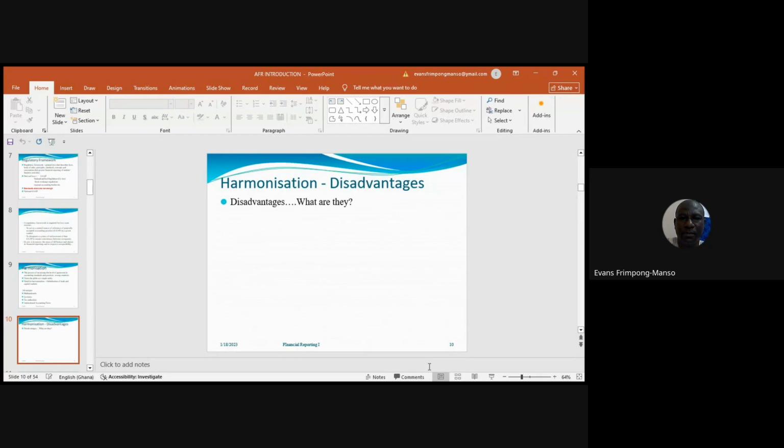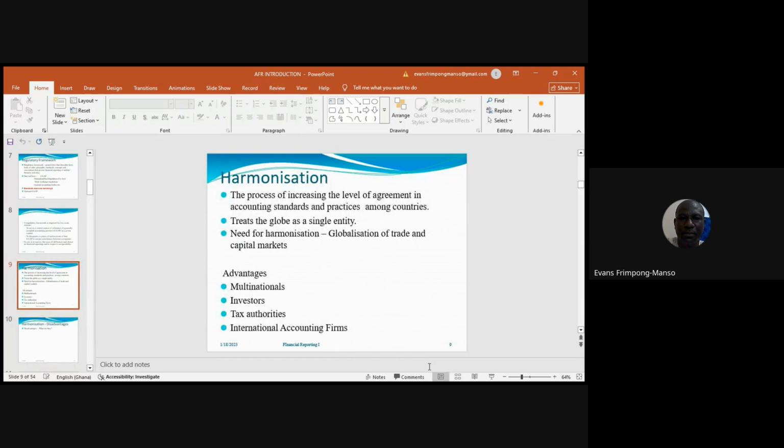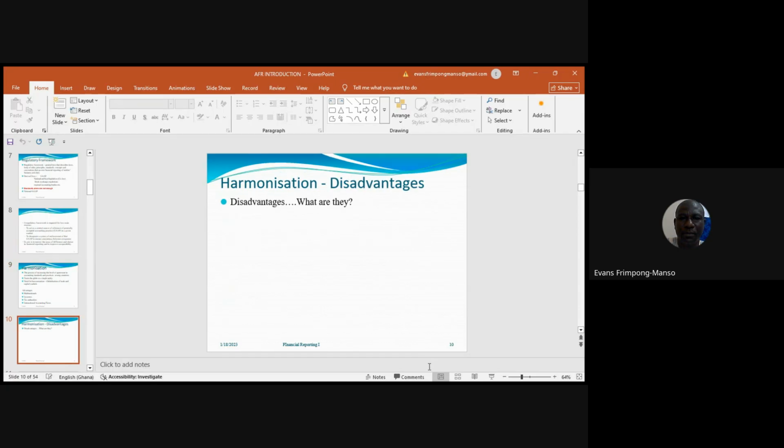We have known what is meant by harmonization. Now, I've talked about advantages. It helps multinationals to move from one country to another to operate businesses. It helps investors go around the globe, tax authorities to have standardized means of understanding the financial statement prepared. Then international accounting firms can move across boundaries to go and audit financial statements. Then I ask you, is there any disadvantages of harmonization? If yes, please, so what are they?